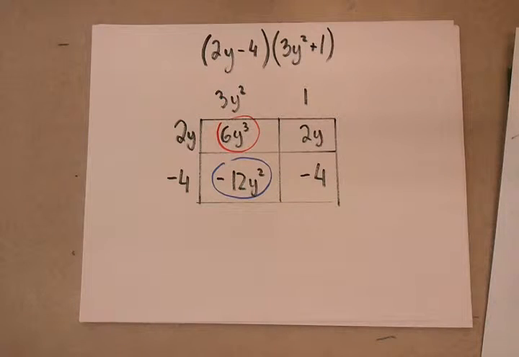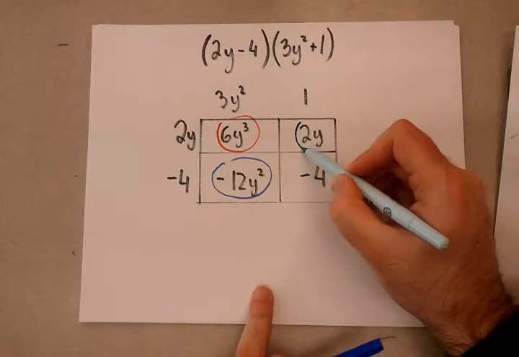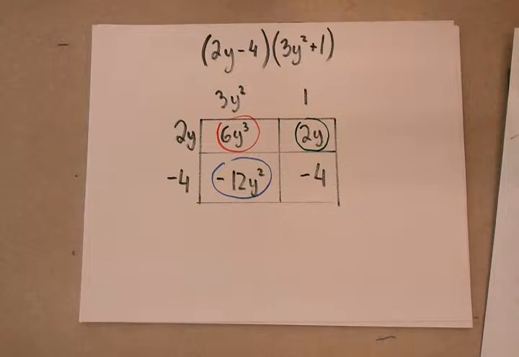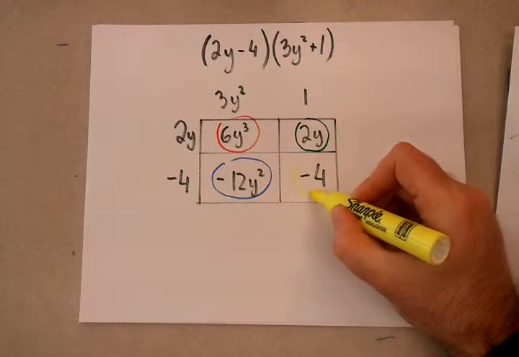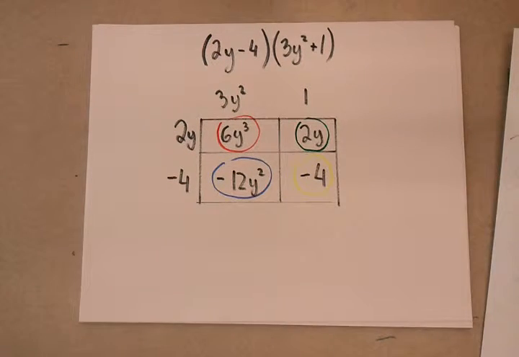It's the only one of its kind. Here I have a first degree monomial. It's the only one. And here I have a 0 degree monomial. At this stage, if you had anything similar, you would have simplified the similar degree monomials before you move on to the next step. But I have nothing in common, so I'm going to move on to the next step.